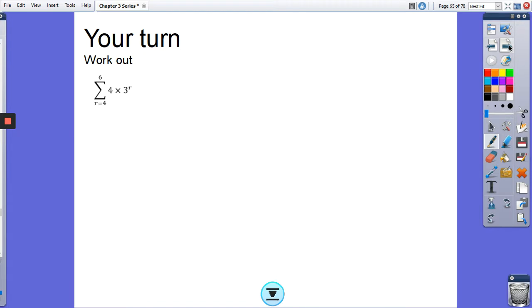Right, so on this one, we're starting on 4 and going through to 6.